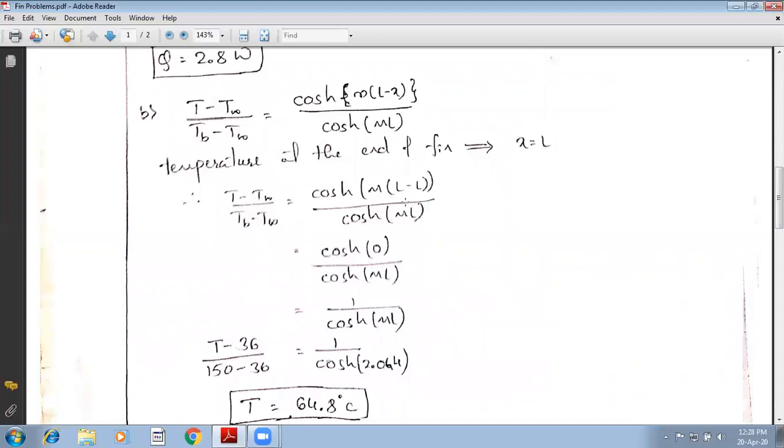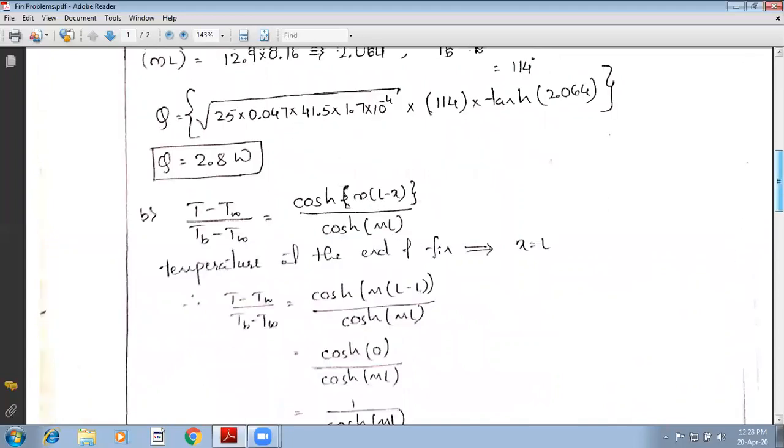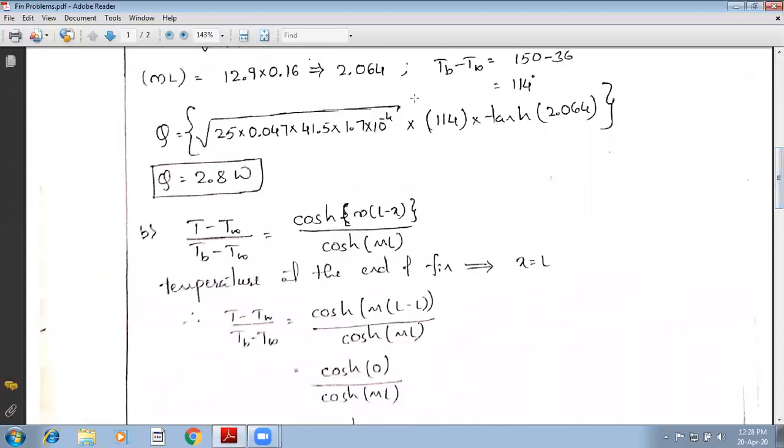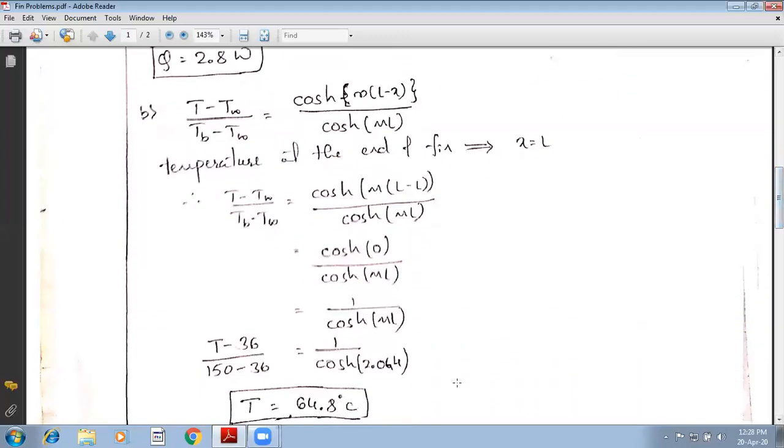Substitute x equals L here. This becomes L minus L, which is 0, and cosh 0 is 1. Now, consider the product mL, which you have calculated. Here mL is 2.064. You first consider that, then take the hyperbolic function, precisely the cosh of this value.